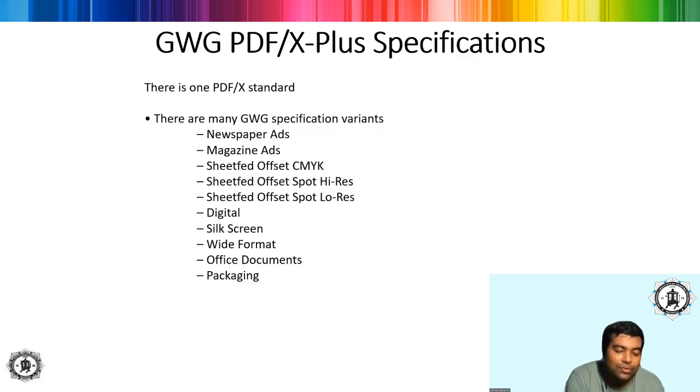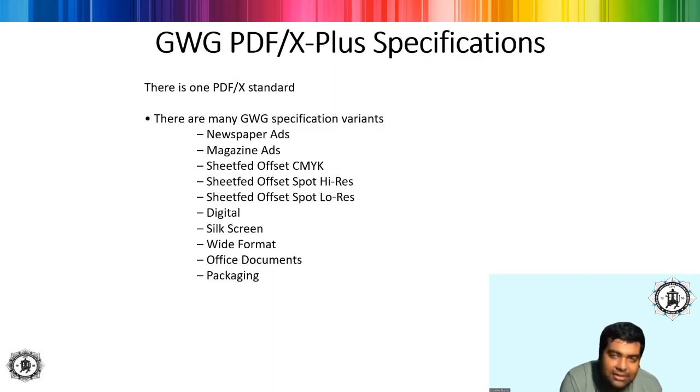Maybe they don't know what the minimum line width should be, or what the minimum bleed margin should be, or what color space is allowed and not. Or for a particular image, what the color space and resolution should be, they sometimes don't know, because this information is not provided. PDF/X is saying what is allowed and not allowed, what is supported and not supported. This is a binary situation. So this is a problem, right?